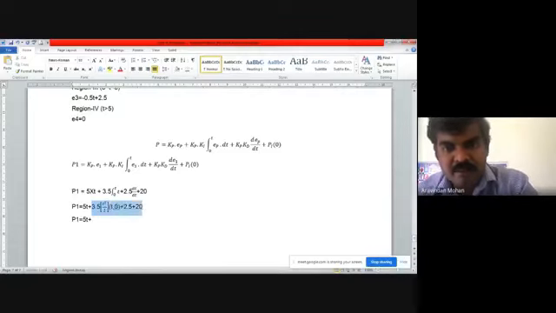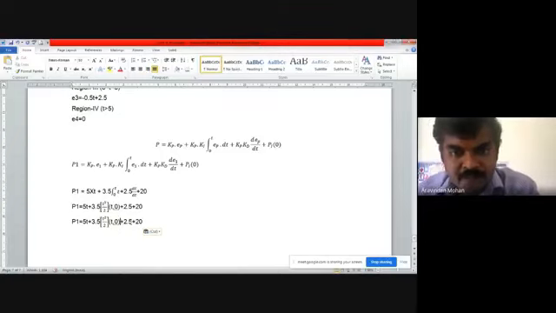For better understanding, we will copy it again and write it one more time. Now we have applied the limits, and after applying the limits it becomes t square by 2.